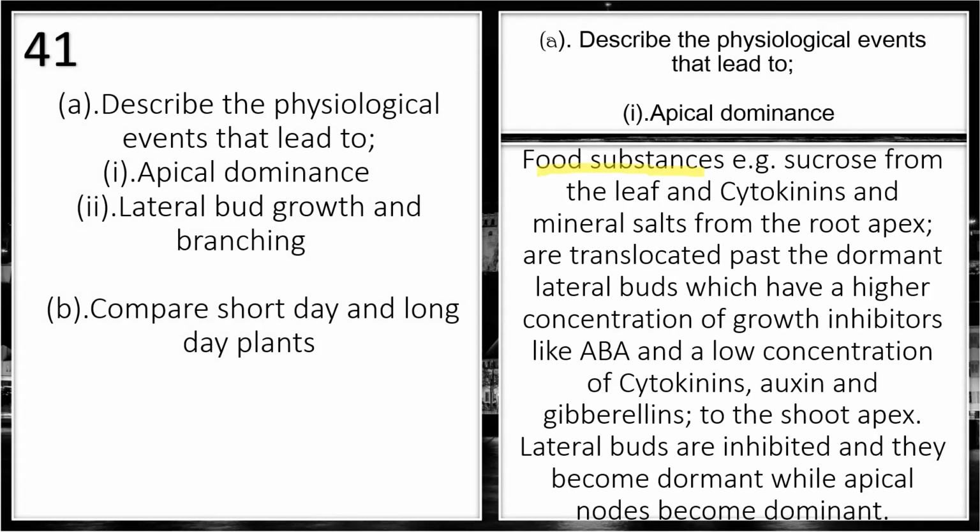The food substances, for example sucrose from the leaf, and cytokinin and amino salts from the root apex, are translocated past the dormant lateral buds, which have a higher concentration of growth inhibitors like abscisic acid and a low concentration of cytokinins, auxin, and gibberellins, to the shoot apex.